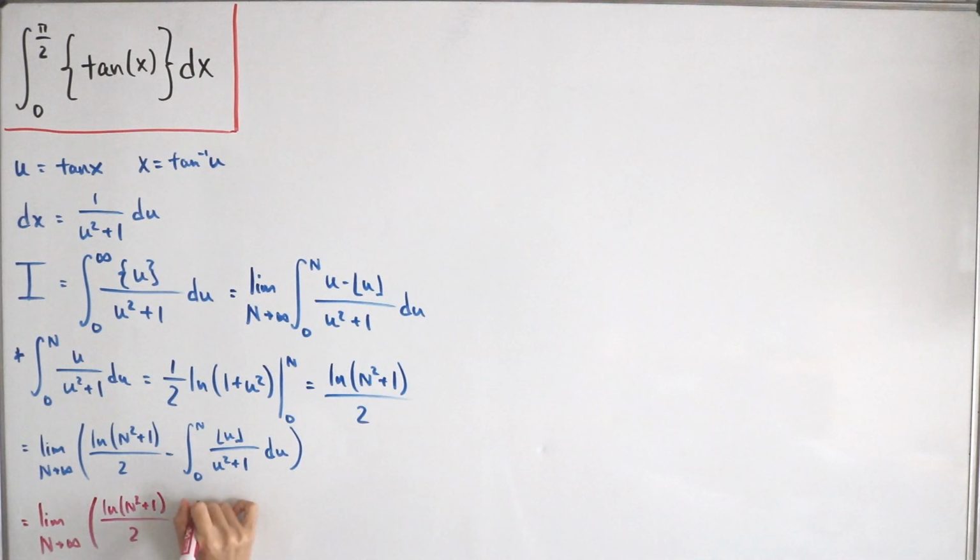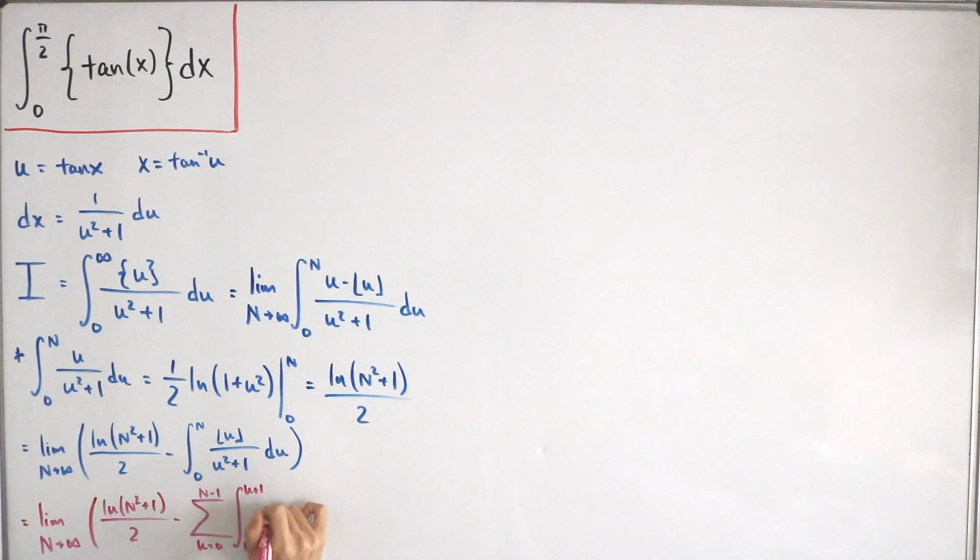Then subtract our finite sum, so the upper index is capital N minus 1, with the index k starting from 0, of the integral from k to k plus 1 of k divided by u squared plus 1, du.